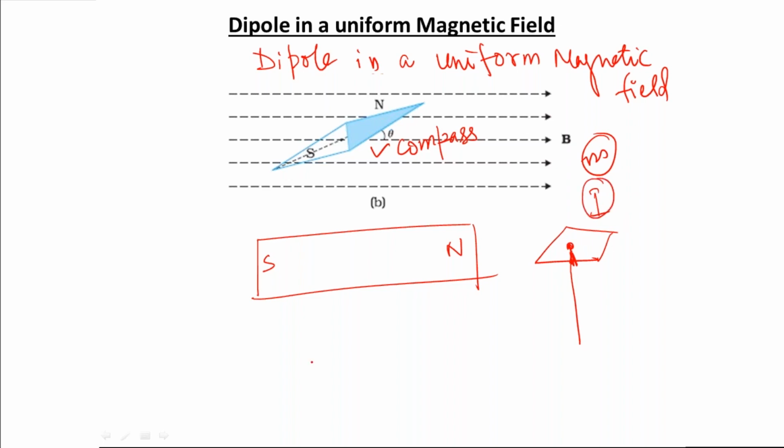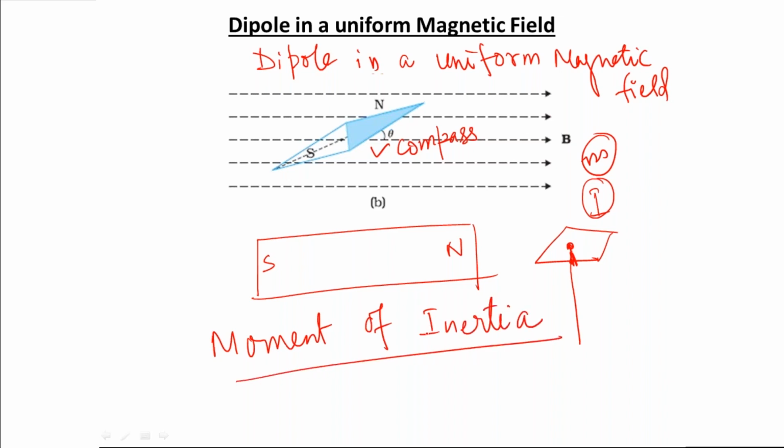Moment of inertia is denoted by capital I. You might be knowing what inertia is from Newton's first law. Inertia, and the mass is the measure of inertia from Newton's first law. But then what is the moment of inertia?